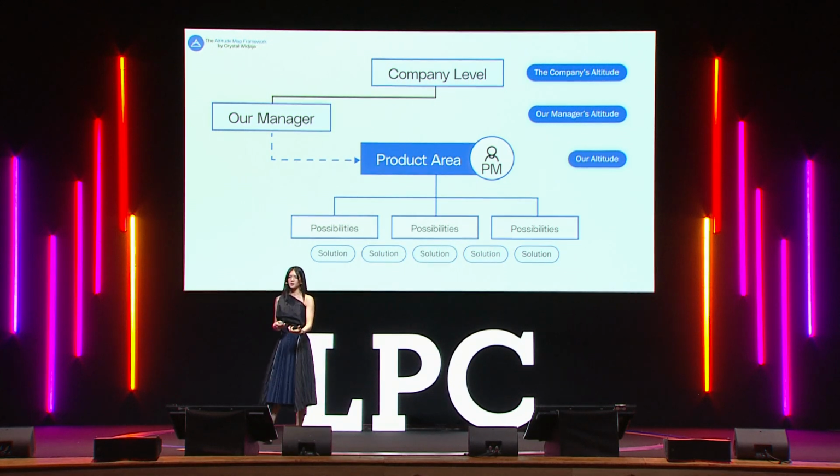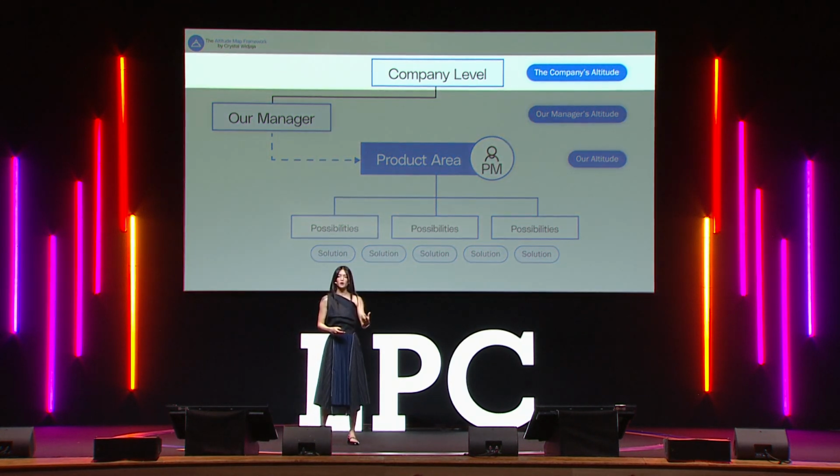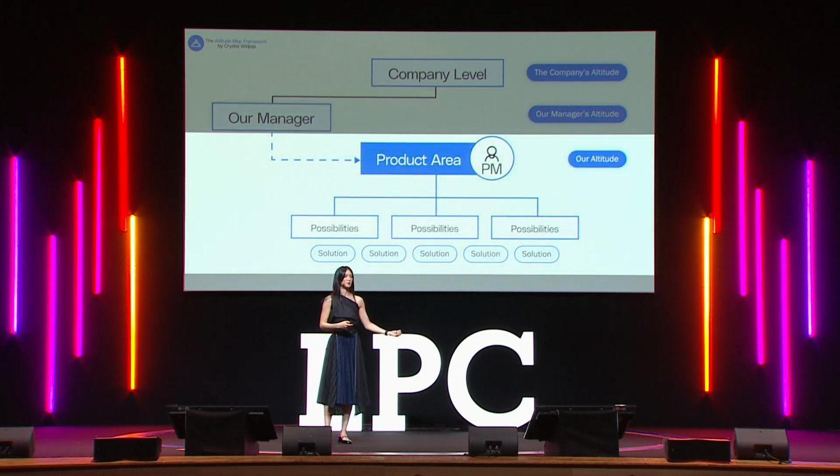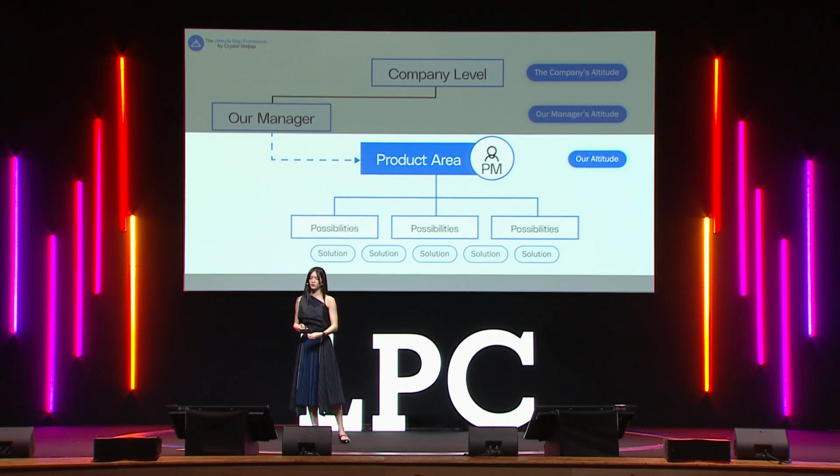What happens here is that each company level altitude contains 3 things: goals, possibilities, and solutions. We have our manager's goals, possibilities, and solutions, and then our own fully visible layer of goals, possibilities, and solutions.